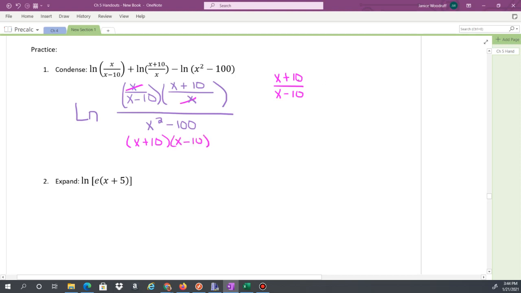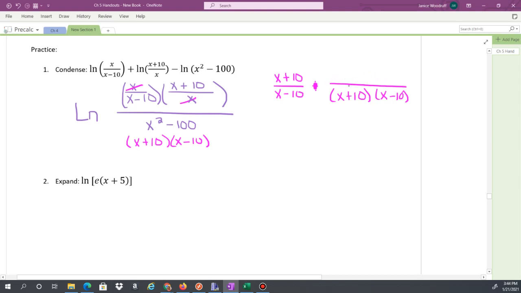So I have this in my numerator, this in my denominator, which means I'm going to divide. I'm going to write it out like this so it's easier, x plus 10, x minus 10, which means I keep the first fraction, change this to multiplication, flip this. So I get an x plus 10, x minus 10 on the bottom, and a 1 on the top.